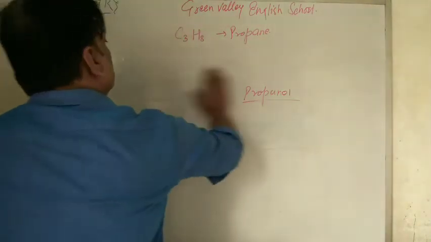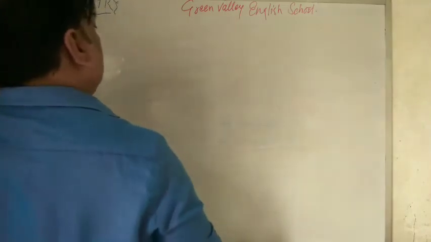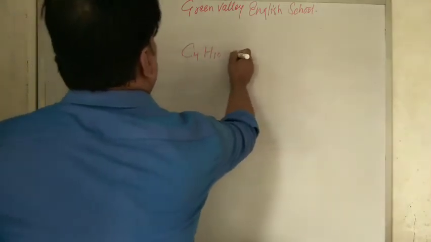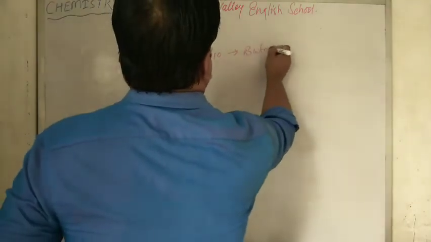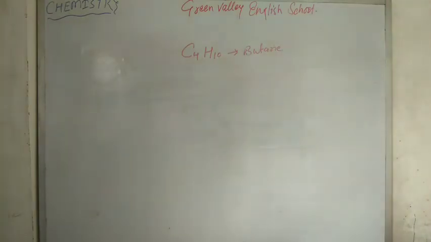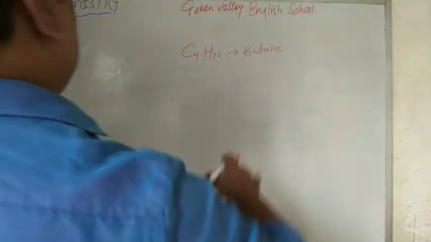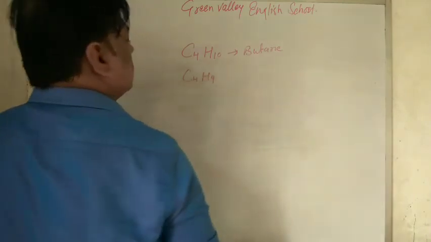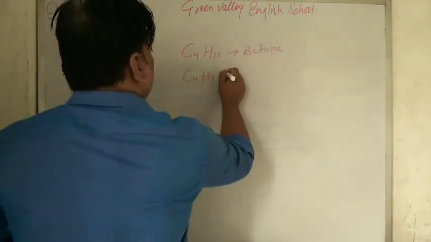One more example. Suppose that we have butane, C4H10. Now I am going to remove one hydrogen from it. Now it becomes C4H9 and add one OH.